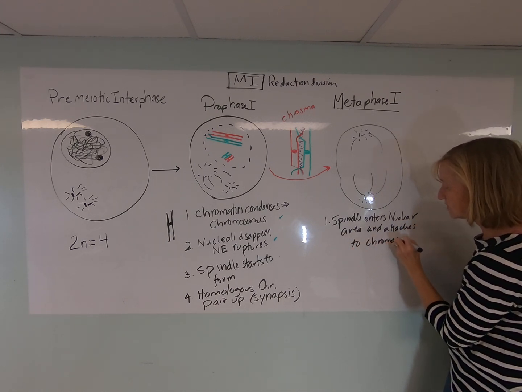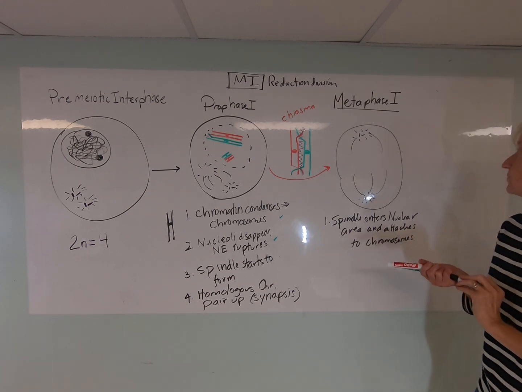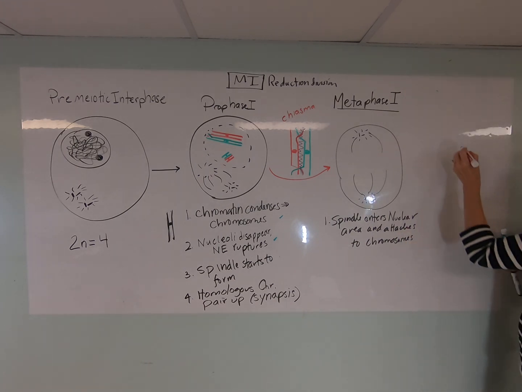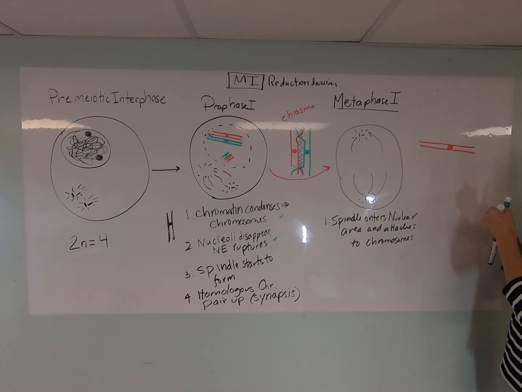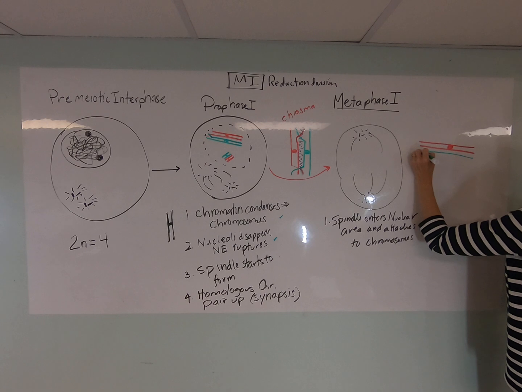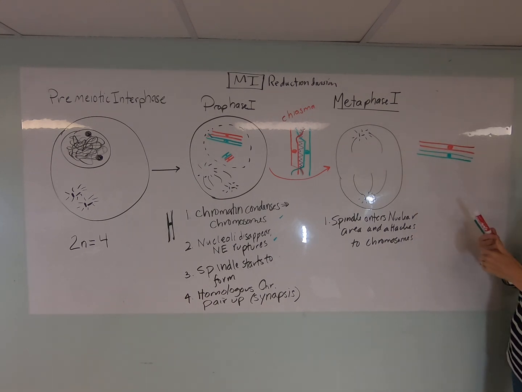But it attaches in a very particular way, and we should draw that out somewhere. So let's draw that out over here. Let's say I've got my pair of long chromosomes, my homologous pair of chromosomes, and there's probably some crossing over happening, but I'm not going to draw that in.